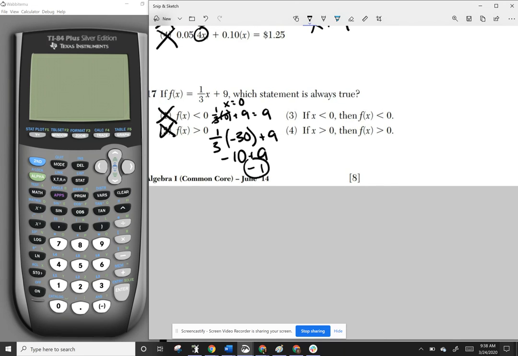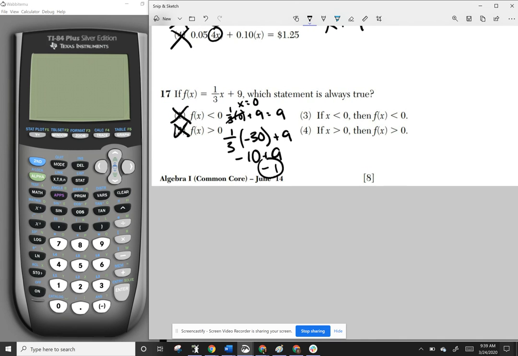Okay, number 3. If x is less than 0, is the function going to be less than 0? So let's see if we can pick a negative value for x and still get a positive value. Let's do something else easily divided by 3. Let's say x is negative 3. So we get 1/3 times negative 3 plus 9. 1/3 times negative 3 is simply negative 1.